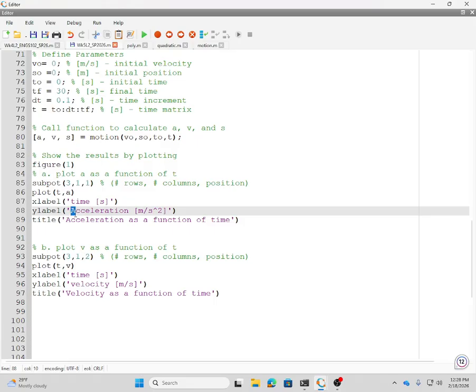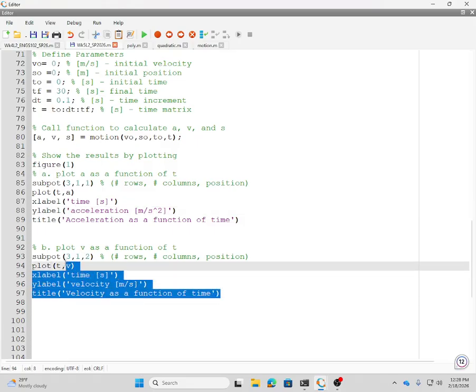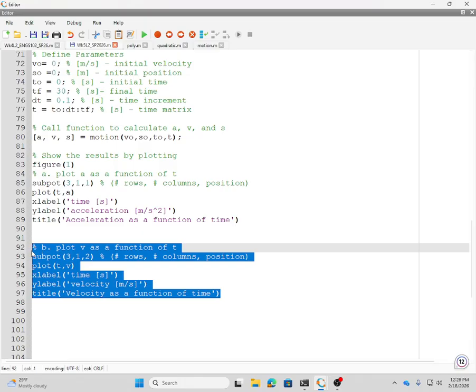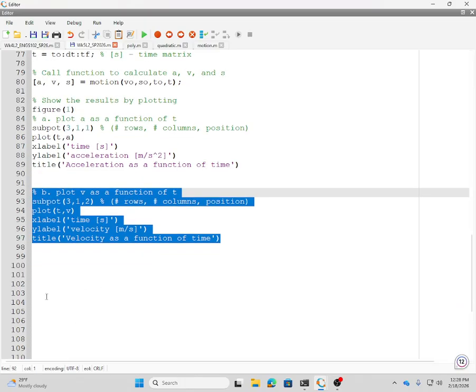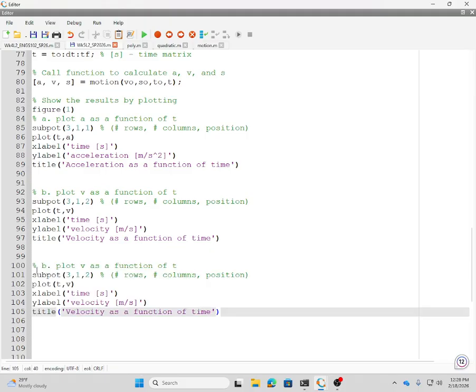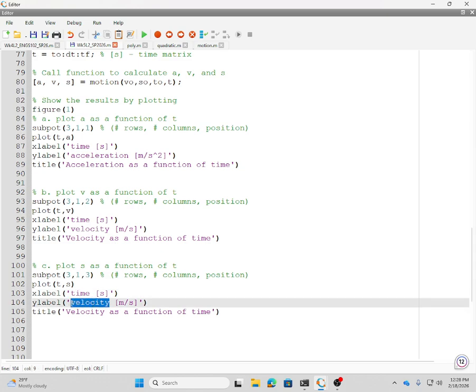I'm going to change this to small a, and then I'm going to copy that same thing again and paste it here. I'm going to change it to C. I'm going to change it to S. I'm going to change it to 3. I'm going to change it to S here. I'm going to change it to position.